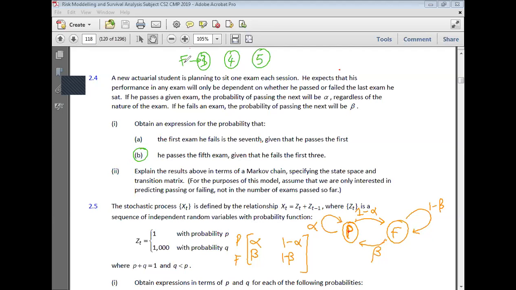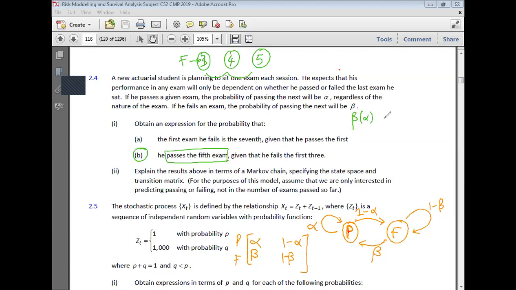So if he passes the 4th exam, that means he went from fail to pass. So basically that'll be beta. And then for the 5th exam, he passes, which will be alpha.